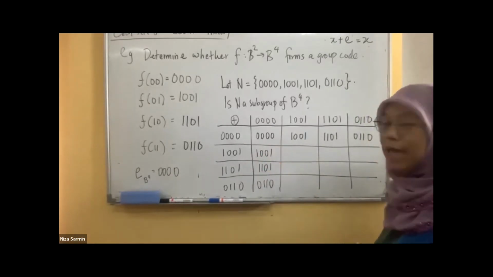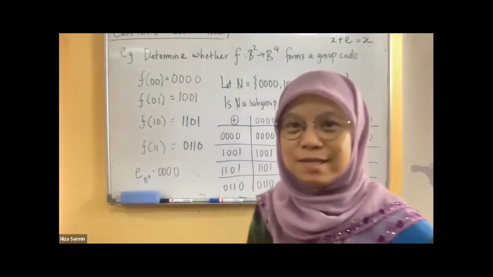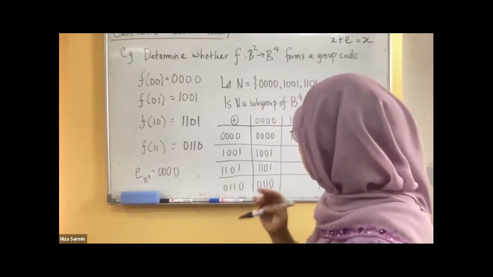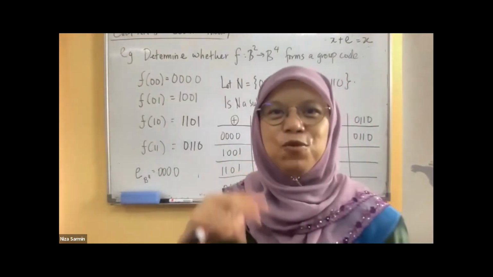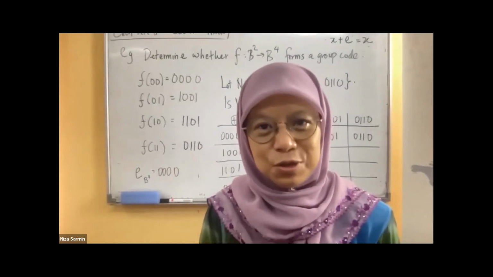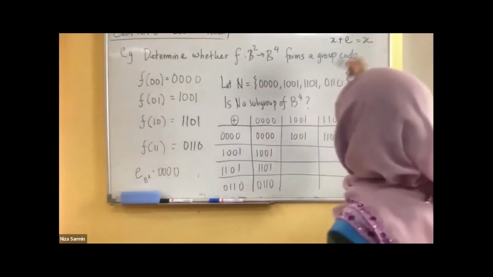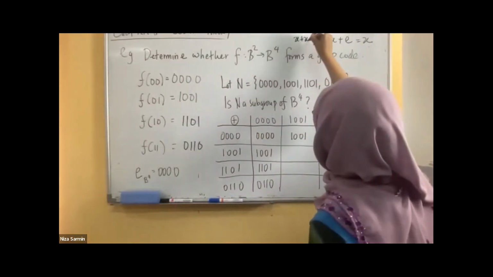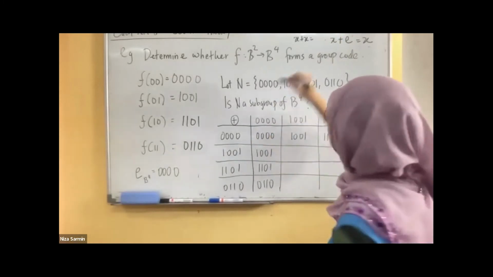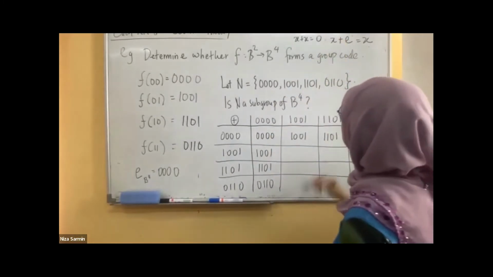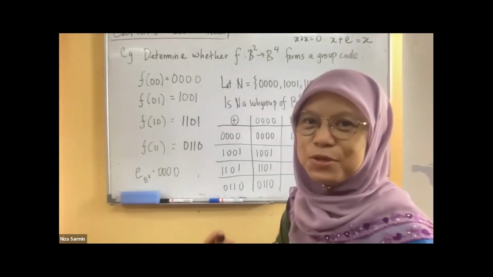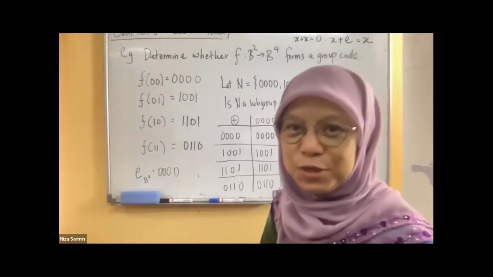Now you have to add. You know these are binary numbers, so you only add. The second thing that you have to know is that if you add 1 to 1, you get 0, and if you add 0 to 0, you get 0. Meaning x plus x is equal to E, which is 0.